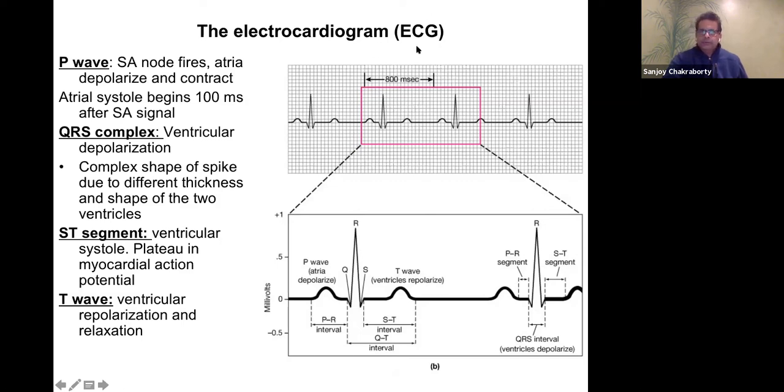So ECG or electrocardiogram, some books will call it EKG because this was first developed in Germany, and they spell cardio with a K. So electrocardiogram, ECG, is nothing but the electrical activity of the heart. Pay attention to this one, it has nothing to do with heart attack. It is showing the electrical activity of the heart, whether the heart is receiving enough electrical activity so that it can undergo contraction.